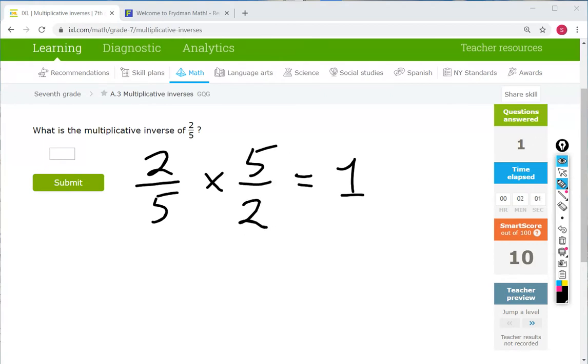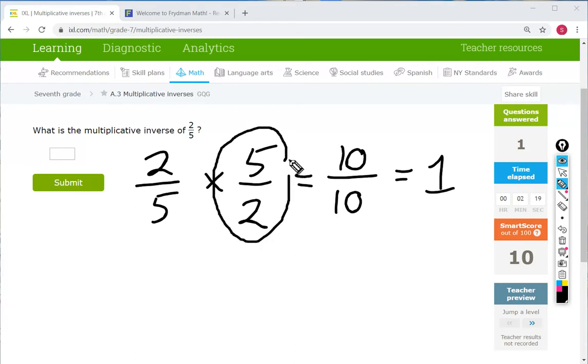Because if we do 2/5 times 5/2, then 2 times 5 is 10, and 5 times 2 is also 10, and 10 divided by 10 is 1. So 5/2 is the multiplicative inverse of 2/5. So in here I'm going to type 5/2.